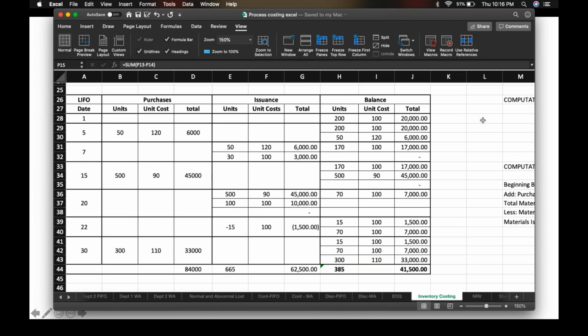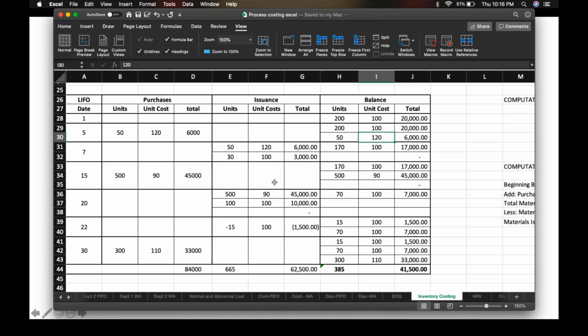okay, ito naman, last in, first out, the last materials that were transferred in should be the first one to be transferred out. So 200 ang beginning natin, 20,000. May pumasok na 50, so dalawa na, 250, 200 at 100, 50 at 120.